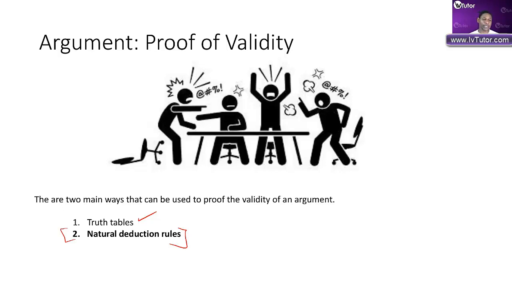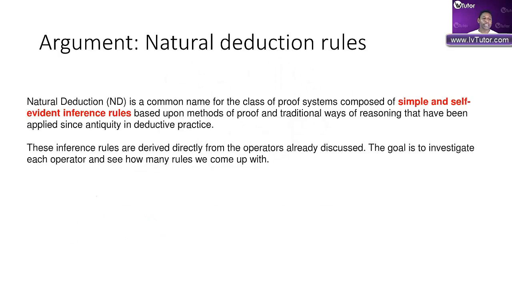That's what we're looking at essentially. These natural deduction rules are derived straight from the operators, or the usage of the operators. We can start looking at some of them in a bit, but for formalization, let's look at the definition of natural deduction, or in other words, inference.